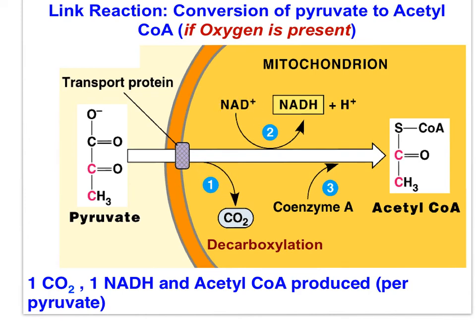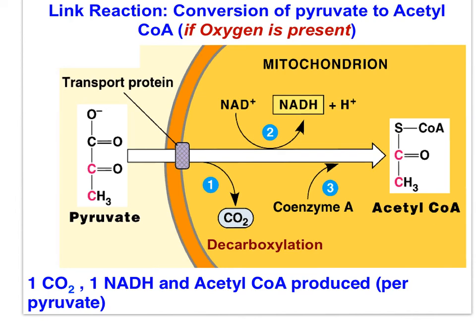NAD oxidizes the 2-carbon intermediate known as an acetyl compound, and the acetyl compound is immediately attached to another coenzyme known as coenzyme A, also known as CoA. The acetyl compound, along with coenzyme A, is called acetyl-CoA.